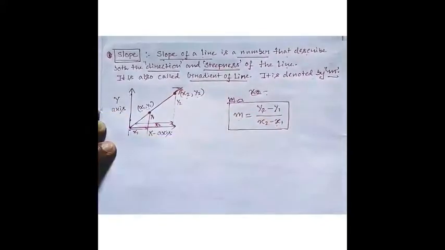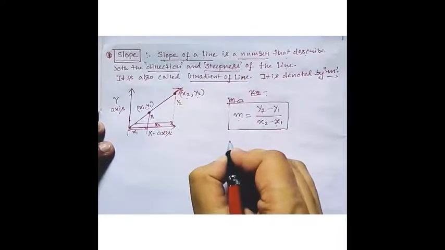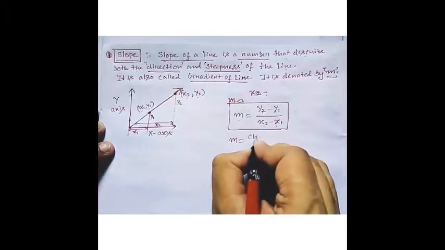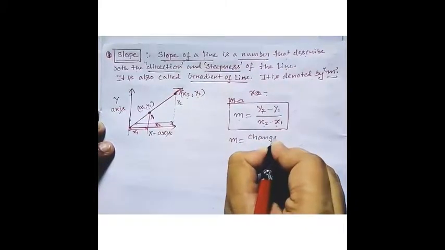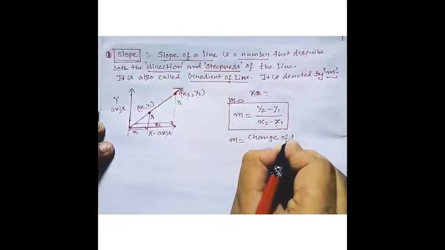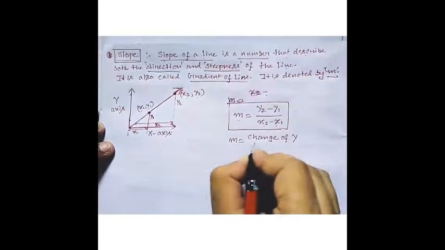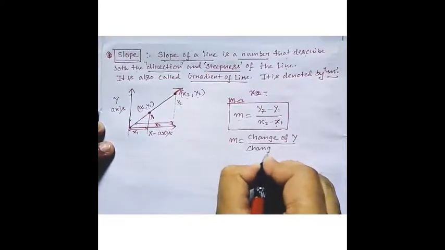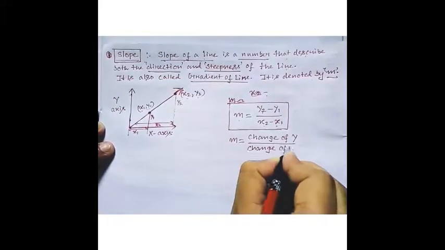So this is the formula of a slope of a straight line, and it actually indicates the change of y by change of x.